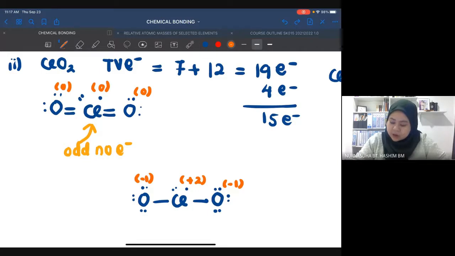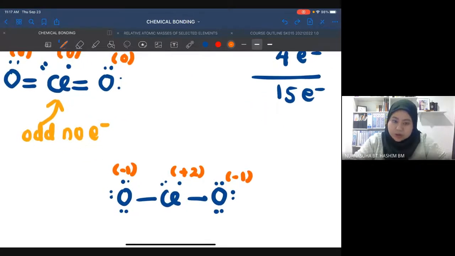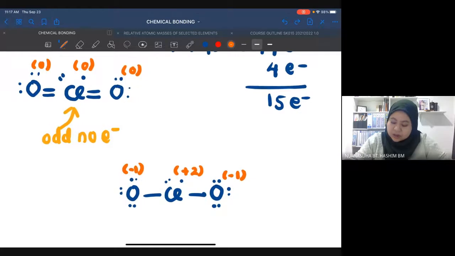So basically, once you draw the Lewis structure, okay, you calculate dulu formal charge. So kalau ada positive 2, maksudnya the number is too high. So kita akan rendahkan formal charge tu dengan cara kita form double bond. So that's why madam use this structure lah.